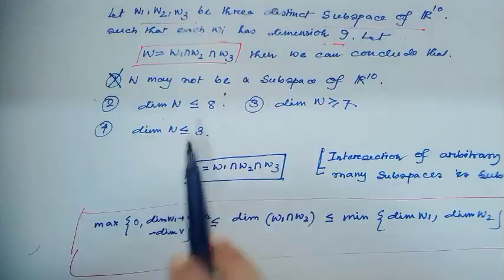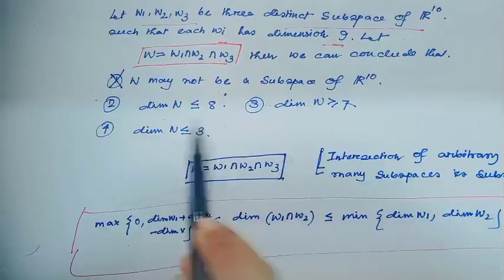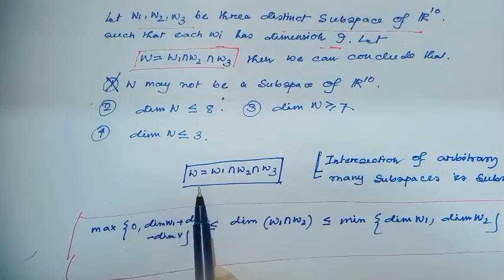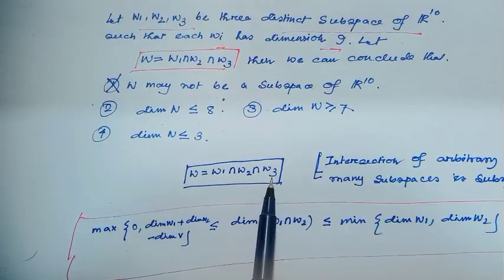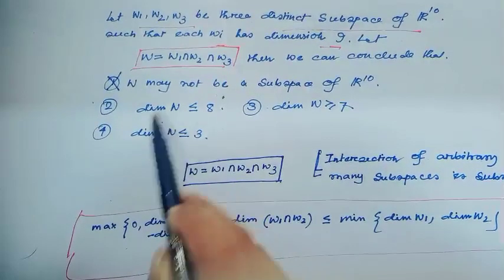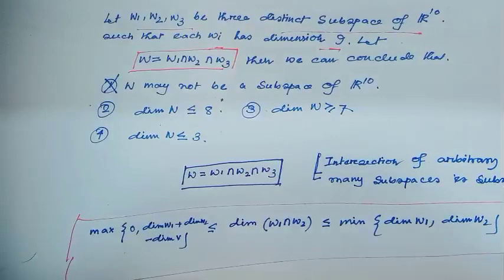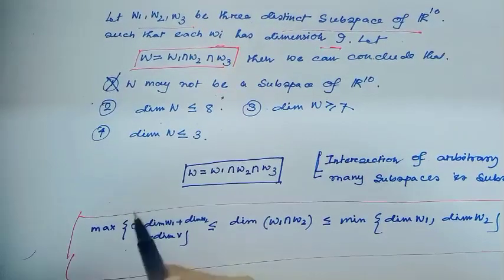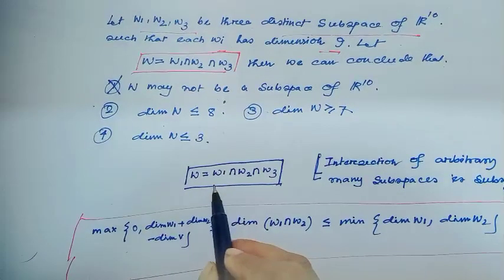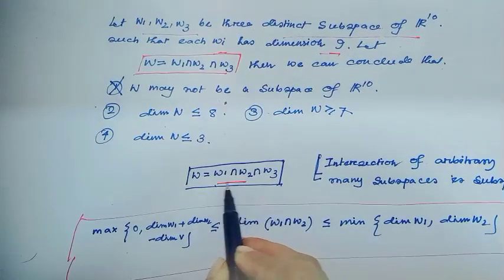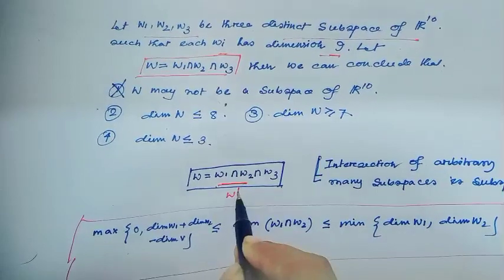Okay, now let's see these three options. In the question, W equals W1 intersection W2 intersection W3, and all the questions are about the dimension of W. For this theorem, I will consider W1 intersection W2 equal to W dash.